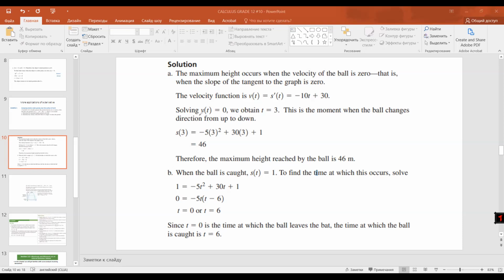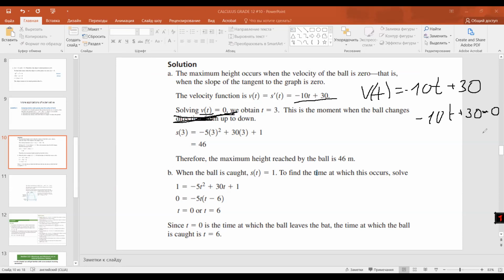So you would solve v(t) equals 0. This is your v(t): v(t) = -10t + 30. Now you solve it for v(t) equals 0. That's what it says, solving for v(t) equals 0. Here you find that t equals 30 divided by 10.